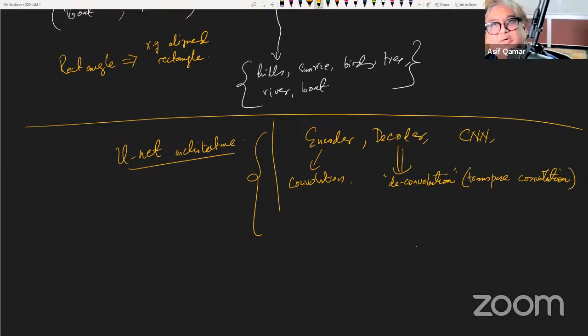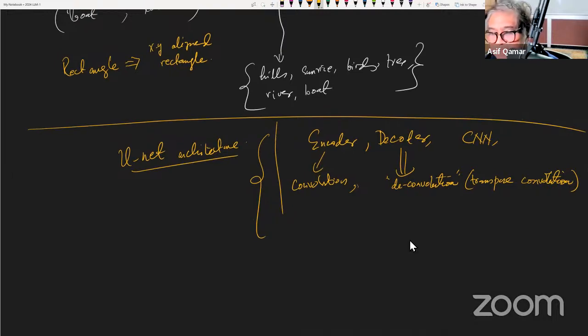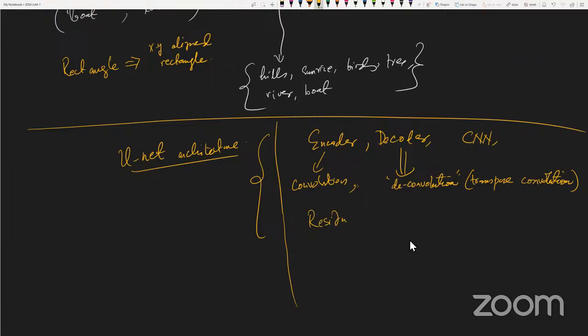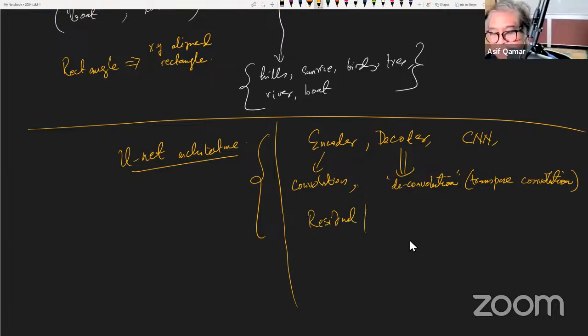This is something we just taught. Those of you who did attend, remember that we covered it on Tuesday, a little while ago. But anyway, for the benefit of those of you who are not in the Tuesday class, I will give a short version. I can't give a whole session of that, but we'll do that. These are the ingredients. Then it also has something new: residual or skip connections.